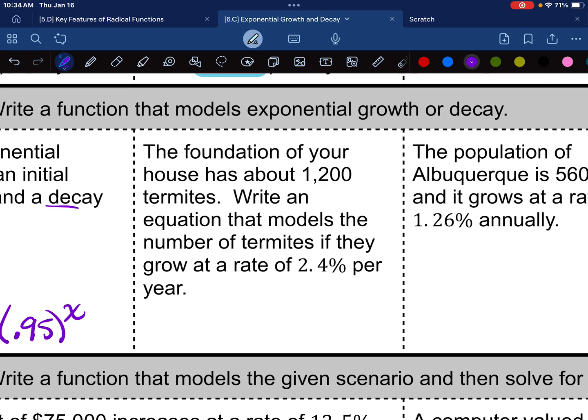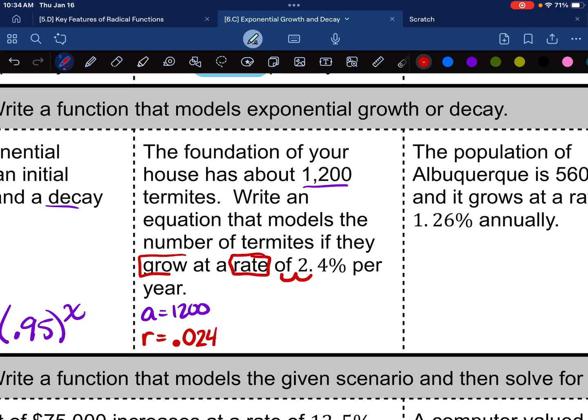Okay, this next one. The foundation of your house has about 1,200 termites. Write an equation that models the number of termites that grow at a rate of 2.4% per year. So when you see a rate, that's r. So 2.4, I'm going to move the decimal over twice, so that would be 0.024.